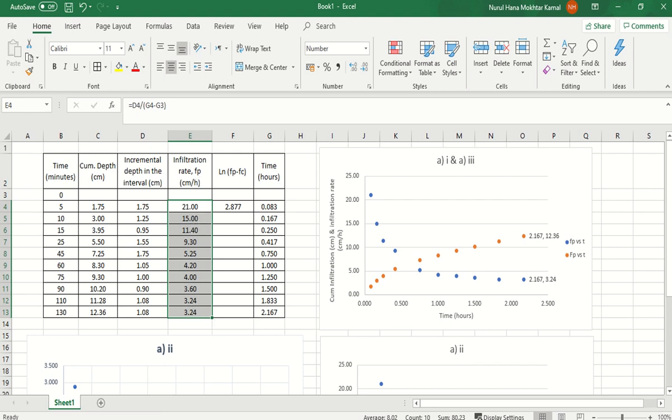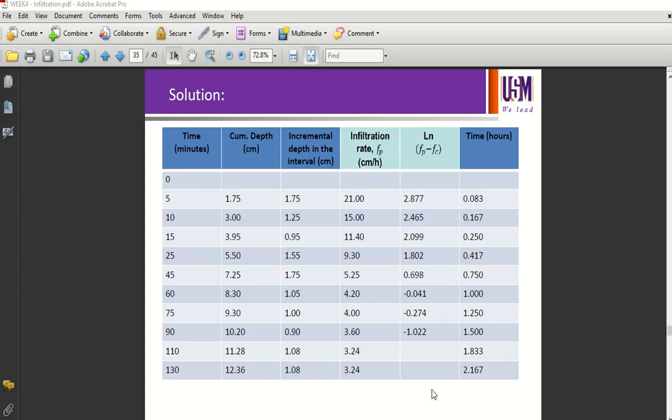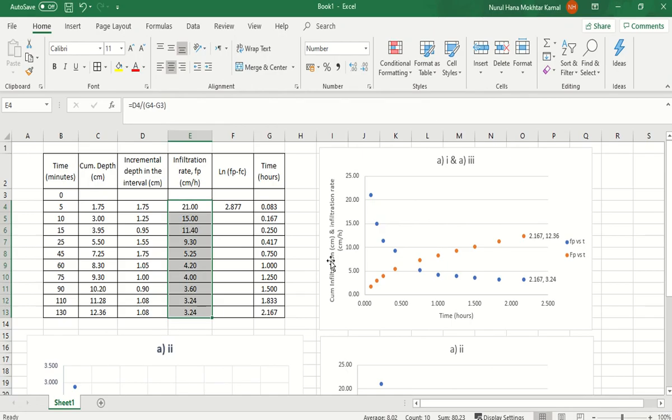Okay, and if you remember, you are also asked in the question that you need to plot cumulative infiltration. So you also need to have this column, this ln times infiltration rate minus the infiltration capacity, so that you can get the Horton's equation, which is the KH and also the slope.